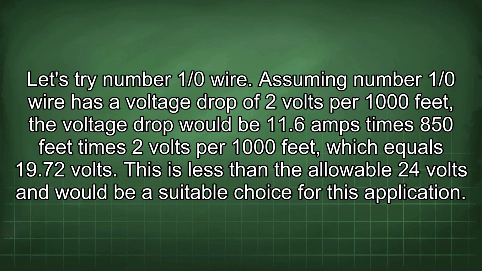Let's try number 1/0 wire. Assuming number 1/0 wire has a voltage drop of 2 volts per 1000 feet, the voltage drop would be 11.6 amps times 850 feet times 2 volts per 1000 feet, which equals 19.72 volts. This is less than the allowable 24 volts and would be a suitable choice for this application.